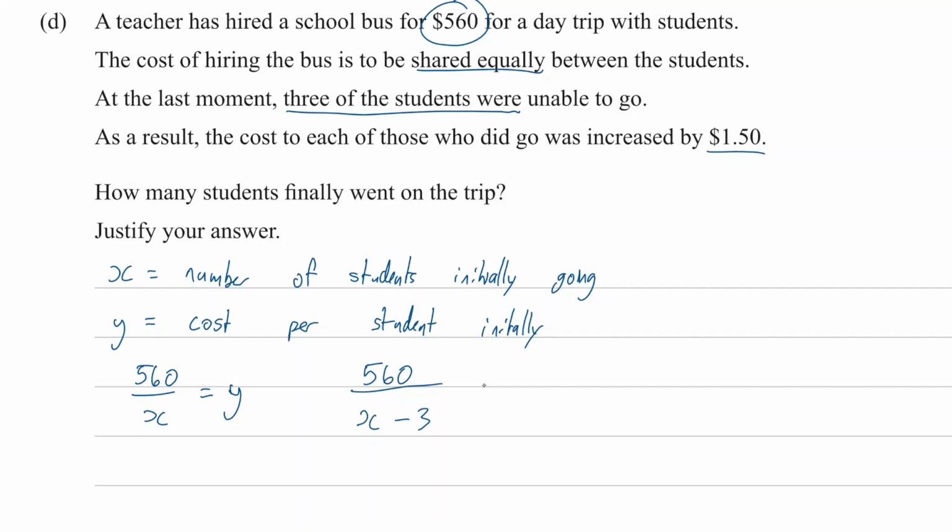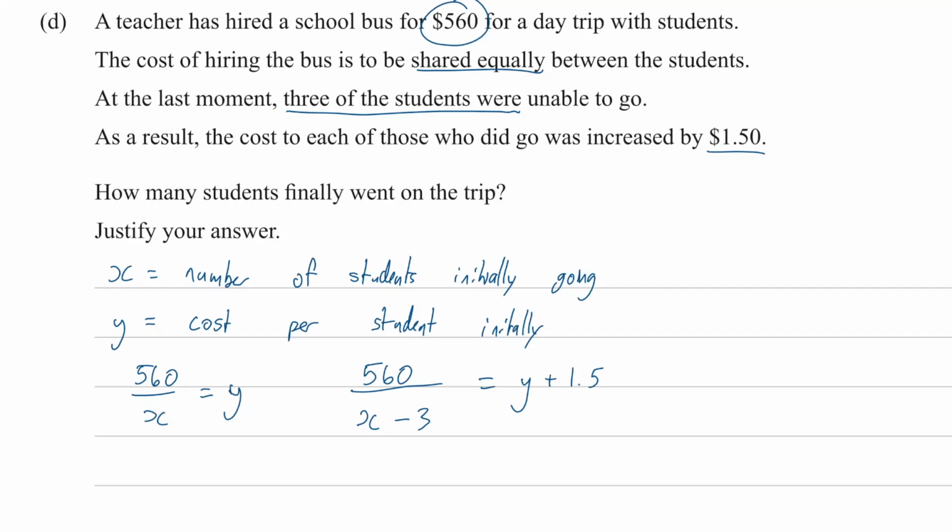And instead of the cost being y dollars like it was before, we will need to add $1.50 for the cost per student. Great. So here we have 2 equations. One's the initial cost and initial students, and then the second is after 3 students back off, we increase by $1.50.